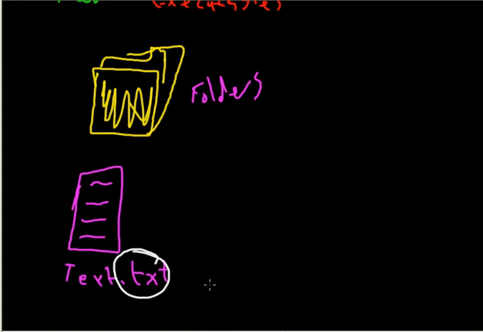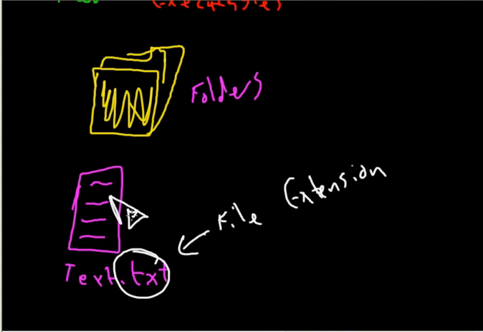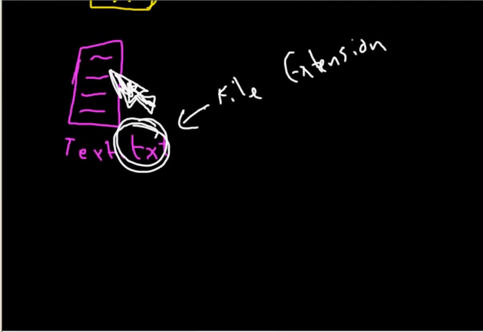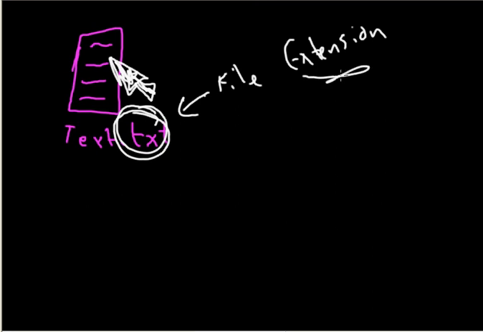Well, the txt is called a file extension, and that basically tells the operating system, when you click on it, that you're going to open it in the program that can open text files. And so that's a basic text file extension.